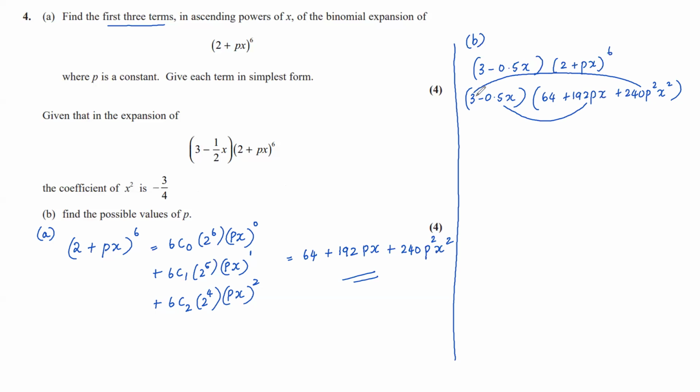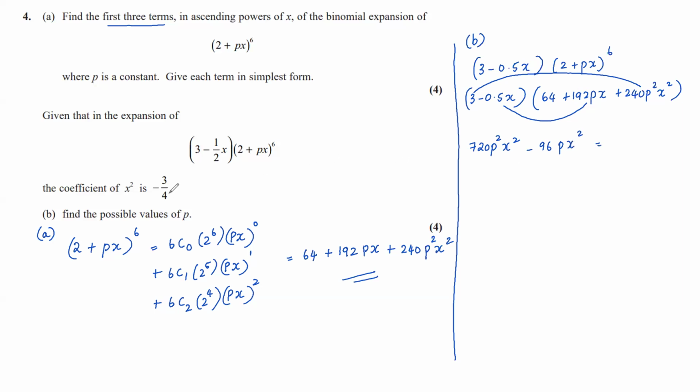So let's just multiply that. 3 into 240p²x²: 3 into 240 is 720, so that is 720p²x². And minus 0.5x into 192px: so minus 0.5 into 192, 192 into 0.5 is 96, so minus 96px².